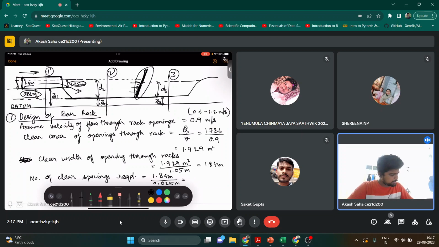So my number will be approximately equal to 73. So this is the number of clear spacings required. Are you able to follow this much? Okay. So I hope you are noting down. I will erase it now.